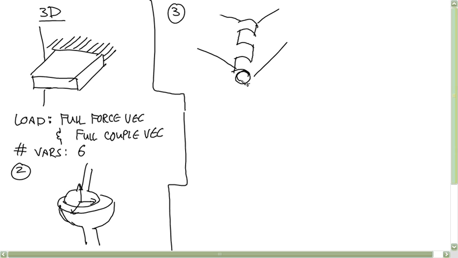Full force vector in the 1 couple. Yeah, you're thinking right on the right track. So let's put a coordinate system here and think about what's prevented.